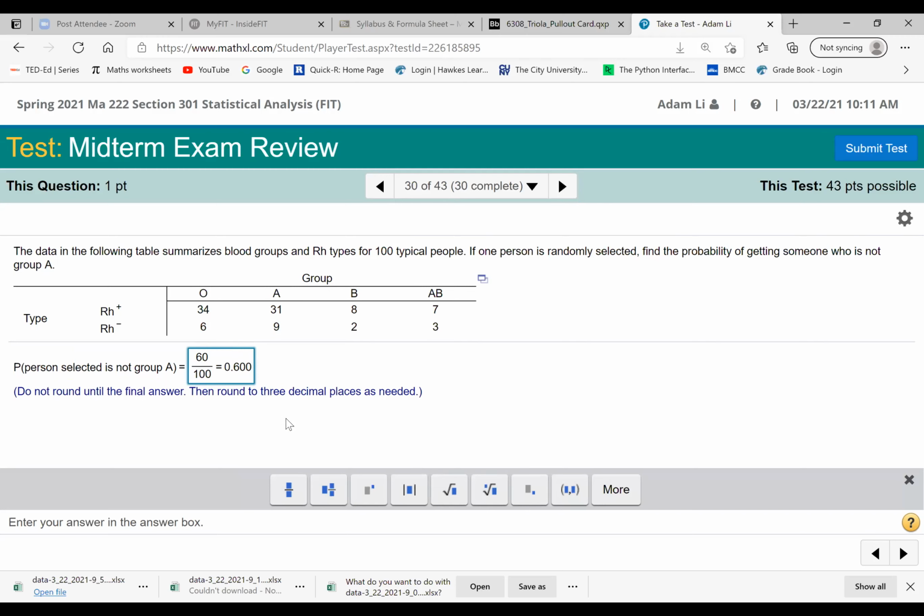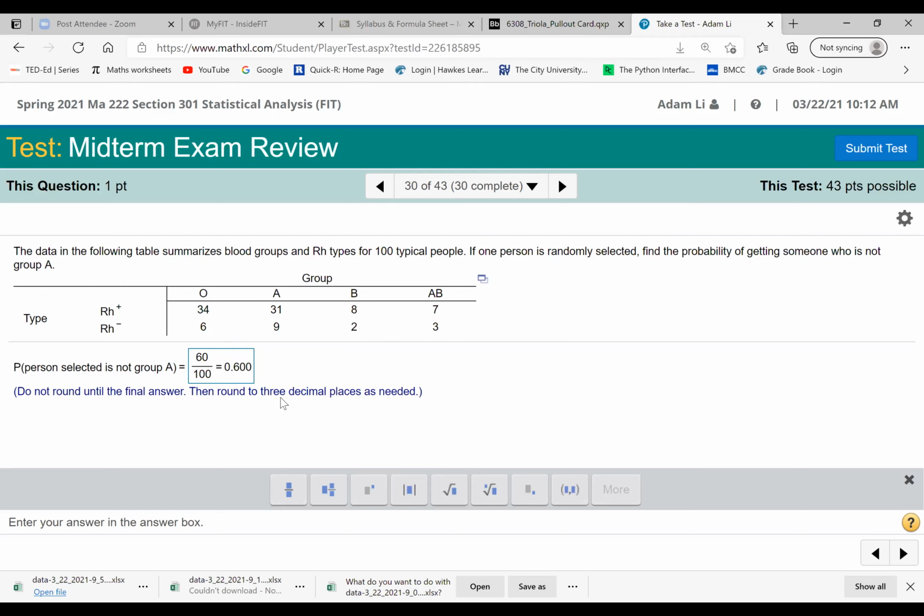All right, so that's pretty much it. Just figure out what the event is here. It's not in group A. That means everything other than group A. So add up all these numbers in group O, group B, and group AB. Sum up all those numbers, you get 60 divided by 100, 0.6.